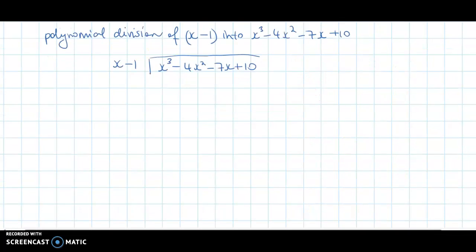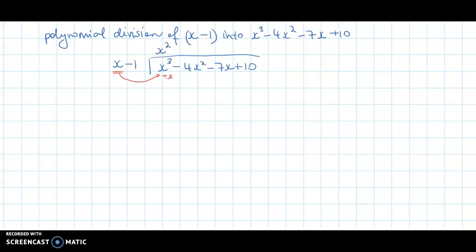Okay, now for the fun bit, the polynomial division of our factor x minus 1 into our cubic that we want to factorise and solve. If you can recall, this is that forward and reverse cycling back process where you start with the x and you're trying to divide it into the x cubed to kick things off. So I'm asking, how many times does x go into x cubed?